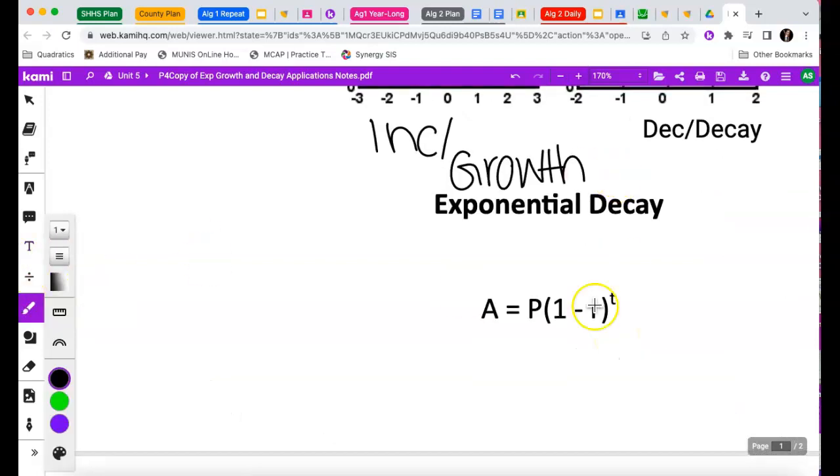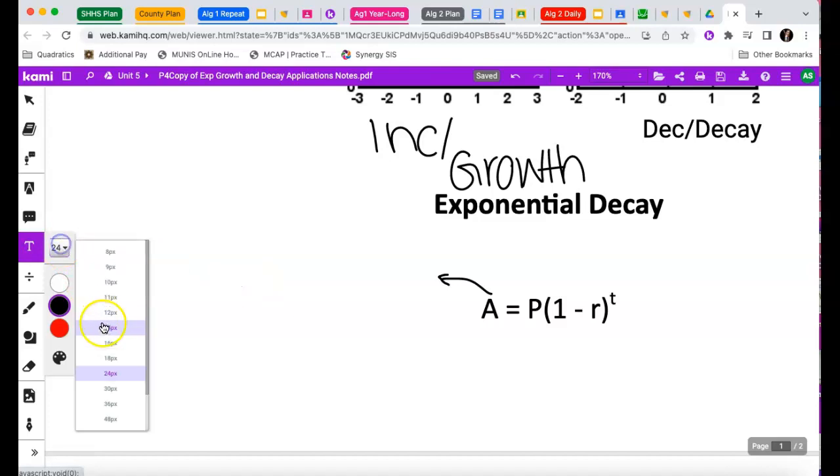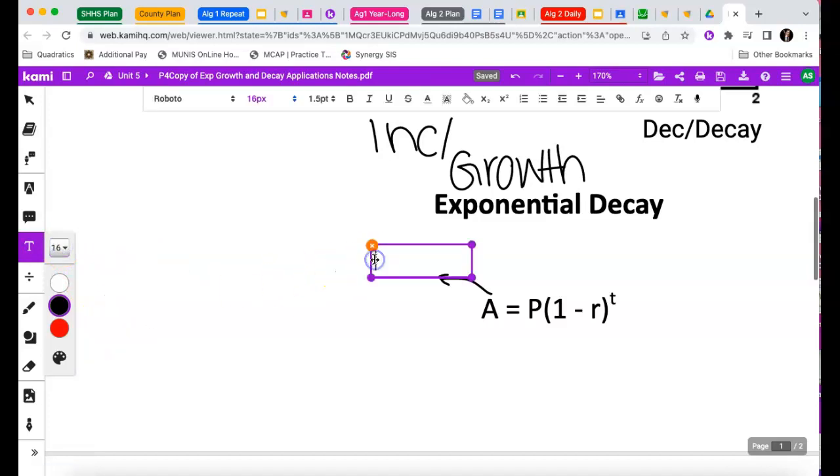So our A is still the amount. This is our total amount. Our P, that is our initial amount or our starting amount.